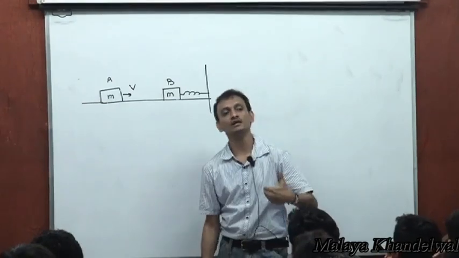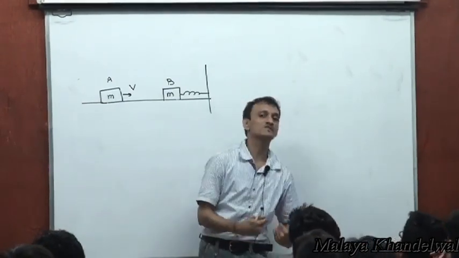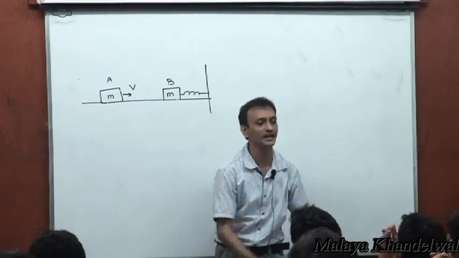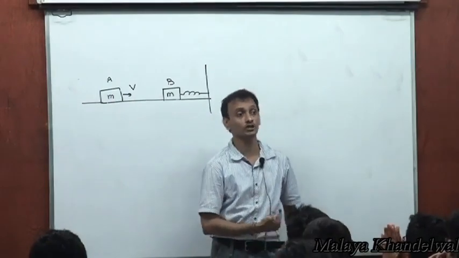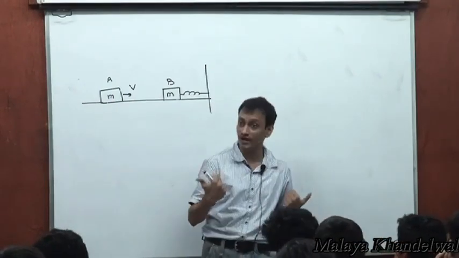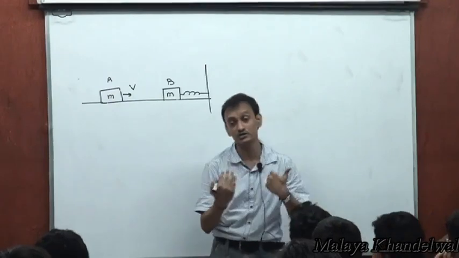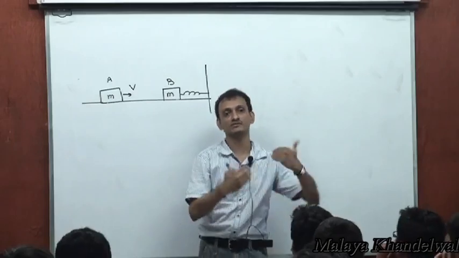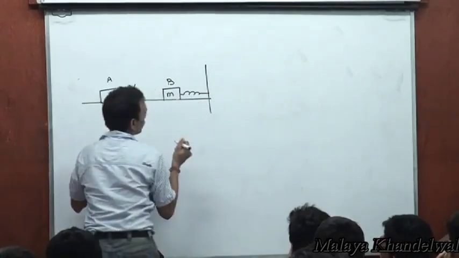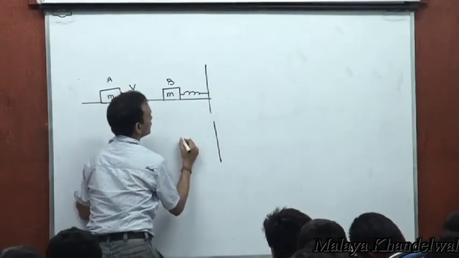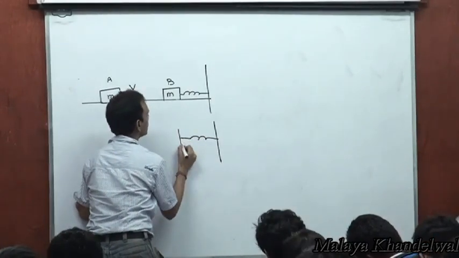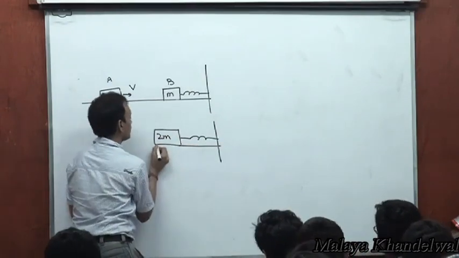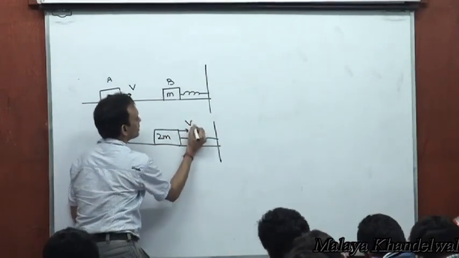So in the event of an inelastic collision, what's the conservation law that would be applicable? Momentum conservation, not kinetic energy. Kinetic energy before and after collision would be different, but momentum remains preserved. So after collision this becomes like a 2m, and they move together with a common velocity vc.